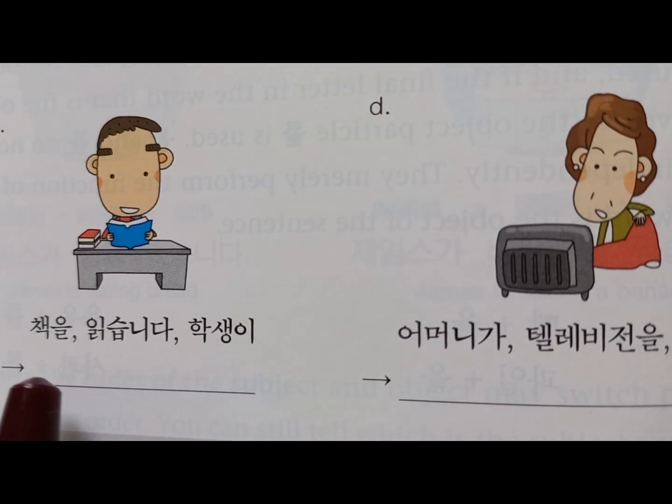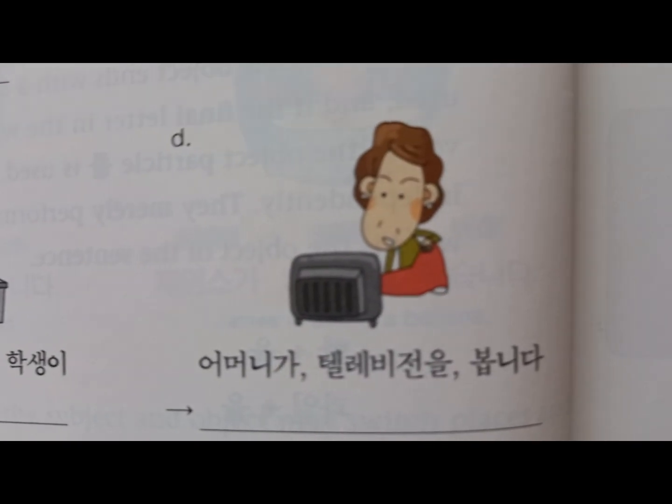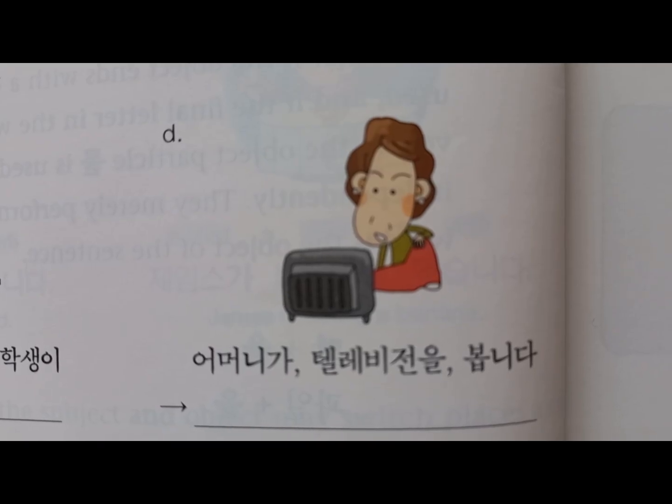So 학생이 책을 읽습니다. And then we have SOV, 어머니가, the mother, 텔레비전을 봅니다. Okay, so mom is watching TV. 어머니가 텔레비전을 봅니다.